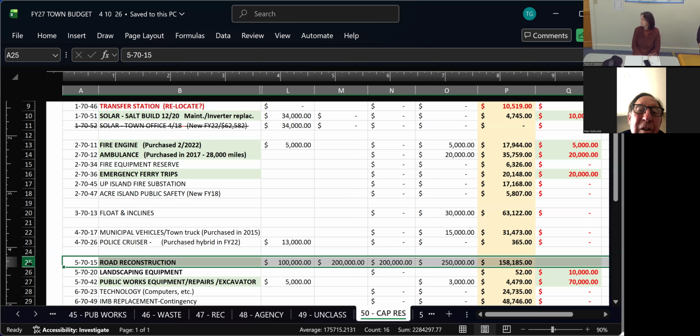And I think it's dangerous for a group of people who do not have any training in this field to decide what is an appropriate level of service for an island of our size, which of course the year-round population is considerably more than 500 people.